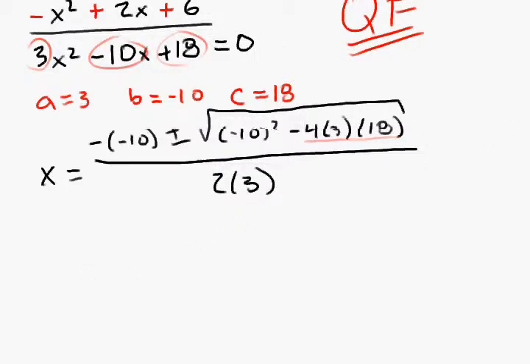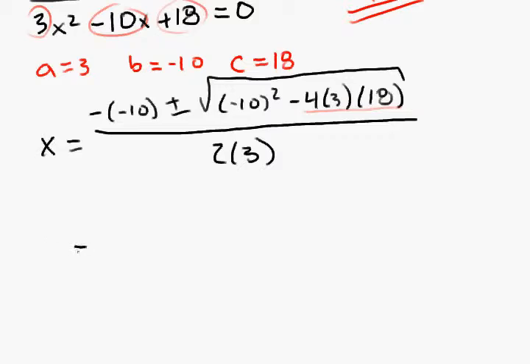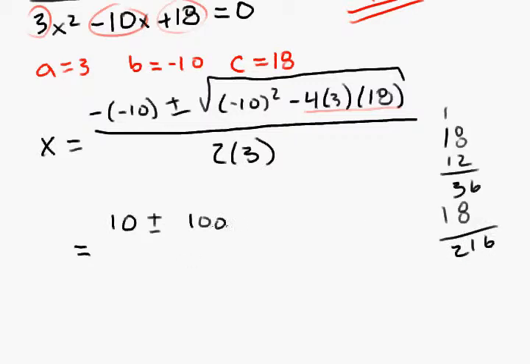Okay, now we can start to simplify. So that's a positive 10 plus or minus the square root of 100, and then this will be 12 times 18. Do a little scratch work. 6, 1, 3, so then 8, 1, hey, 216.